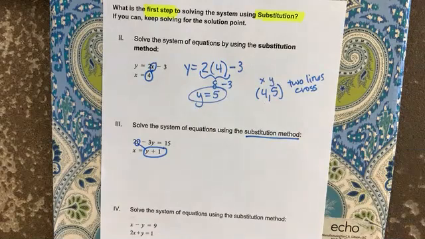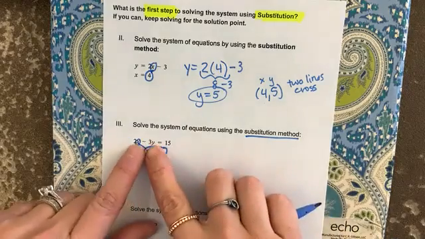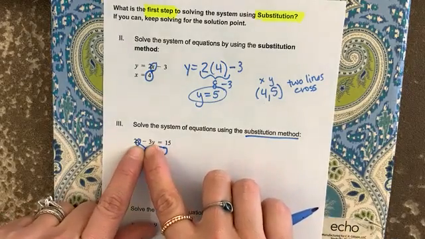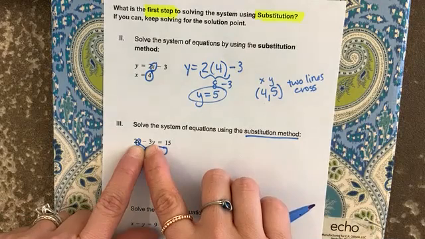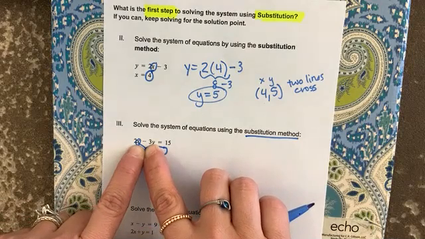So are you going to write 2 times x? No, you're going to write 2 times, in parentheses, y plus 1. I'm rewriting this first equation. Because when you have an x and a y in the equation, you cannot solve it for x or for y.